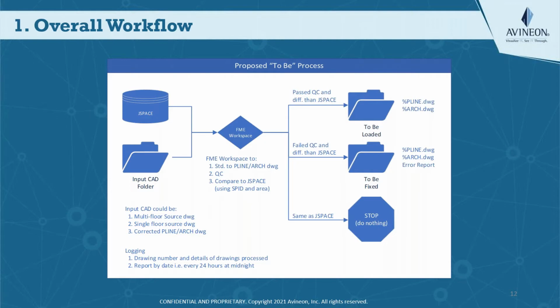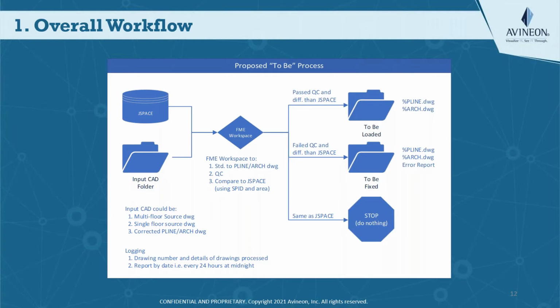And if they're different, and they determine difference basically if the area of a room has changed. So if it's gone from 1,200 square feet to 1,500 square feet, it's judged to be a change. And then it's going to route that drawing accordingly.